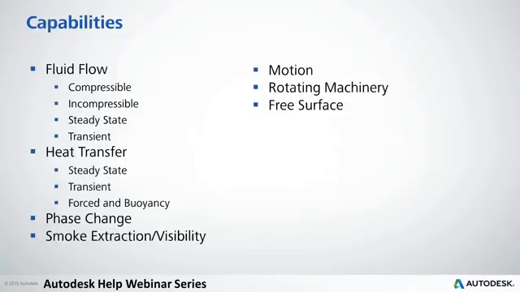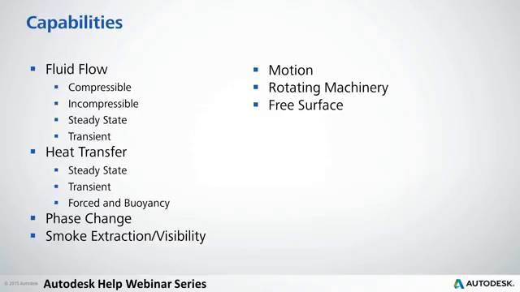Some of the capabilities you have with Autodesk Simulation CFD: you can do fluid flow, compressible, incompressible, steady state, and transient. You can also do heat transfer, either alone or with fluid flow, also steady state, transient, forced convection, or buoyancy. You can model phase change, smoke extraction and visibility.